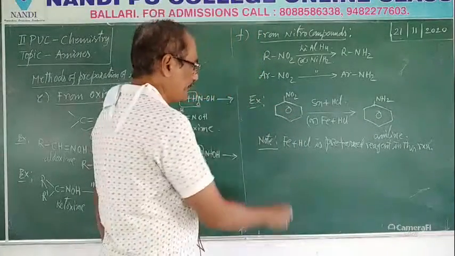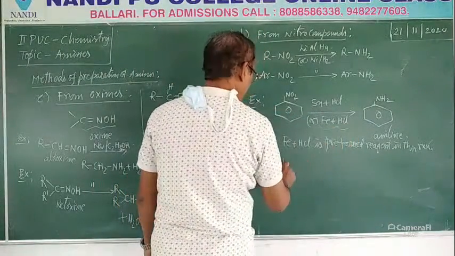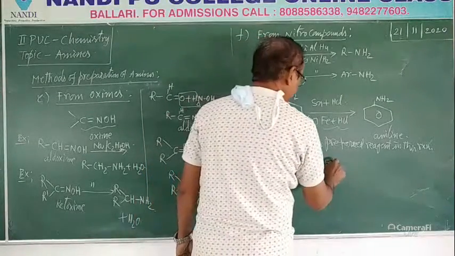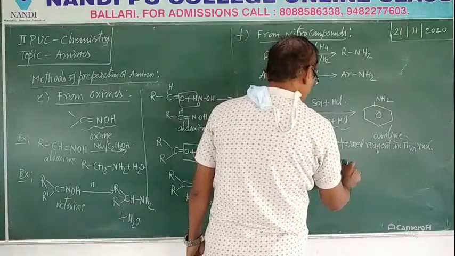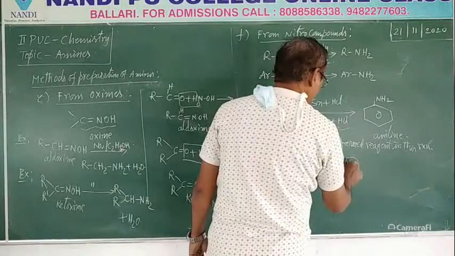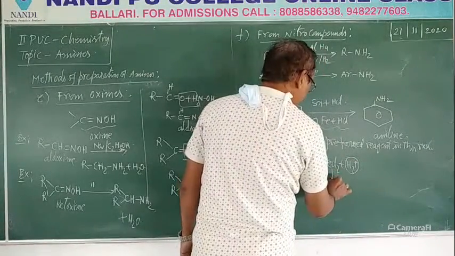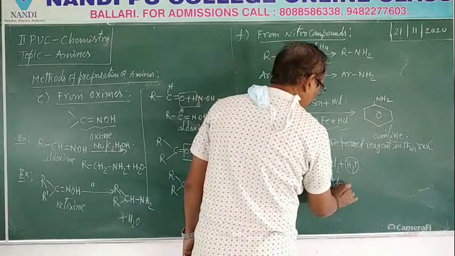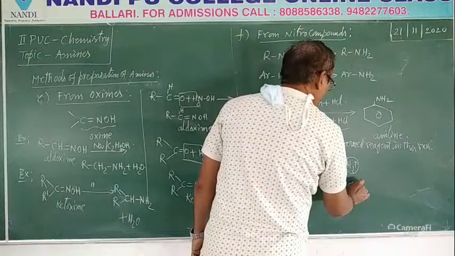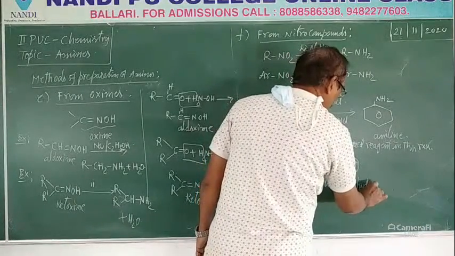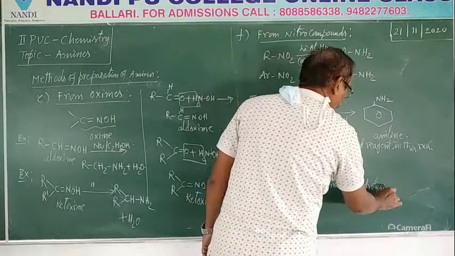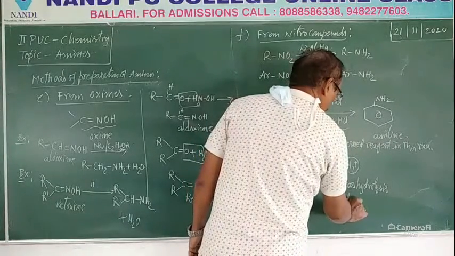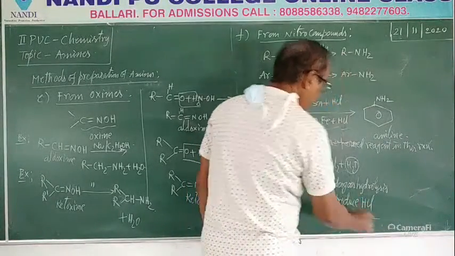But with Fe/HCl, you will get FeCl2 plus H2. This is the reducing agent, and this FeCl2 undergoes hydrolysis to produce HCl. This is the reason, children.